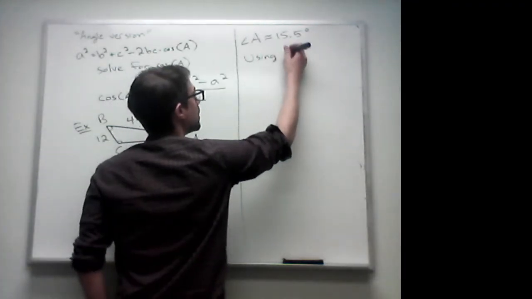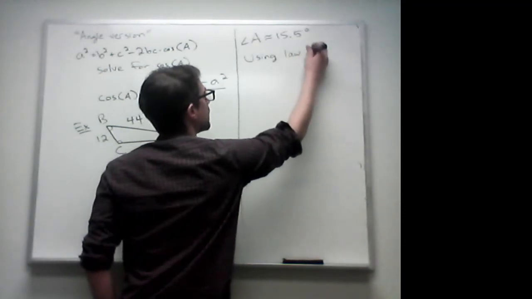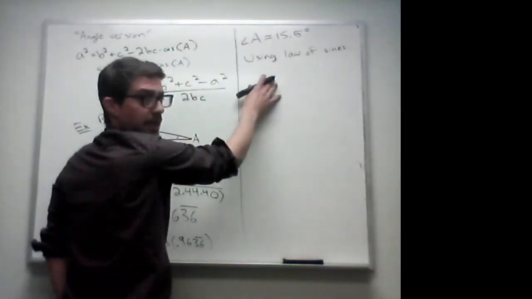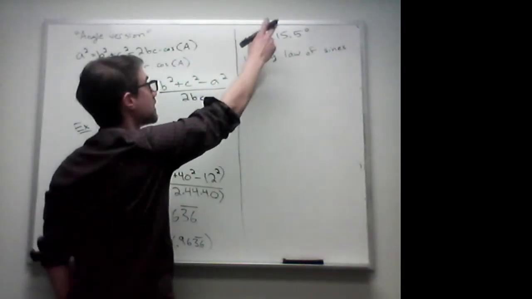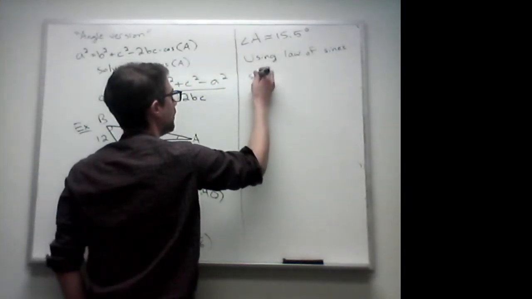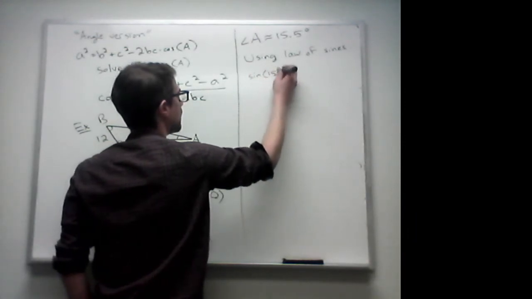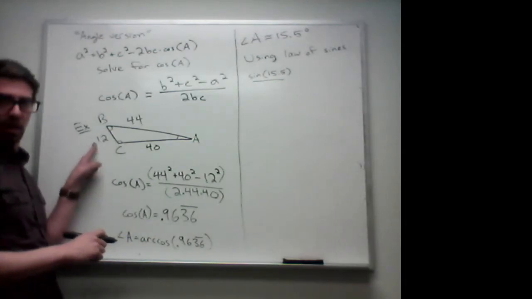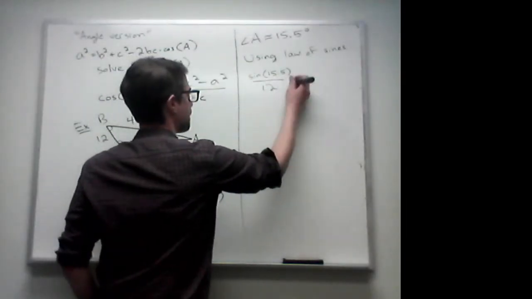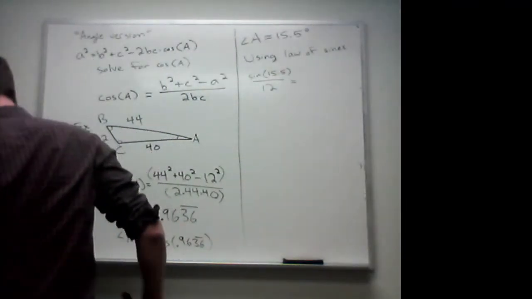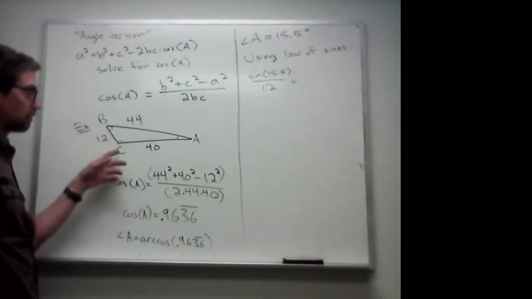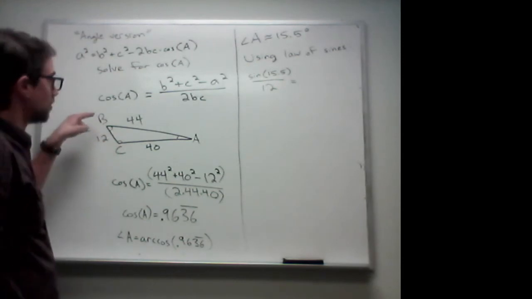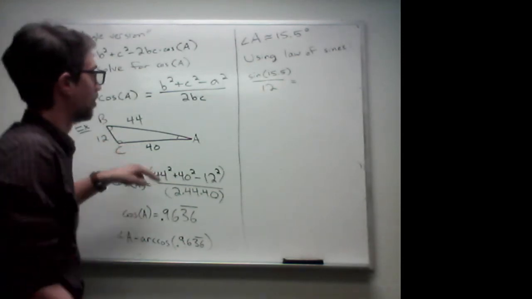So using the law of sines, you'd say sine of 15.5 over 12 equals, it wouldn't matter which angle you got now, just do B, put it on the alphabet, equals sine of B over 40.